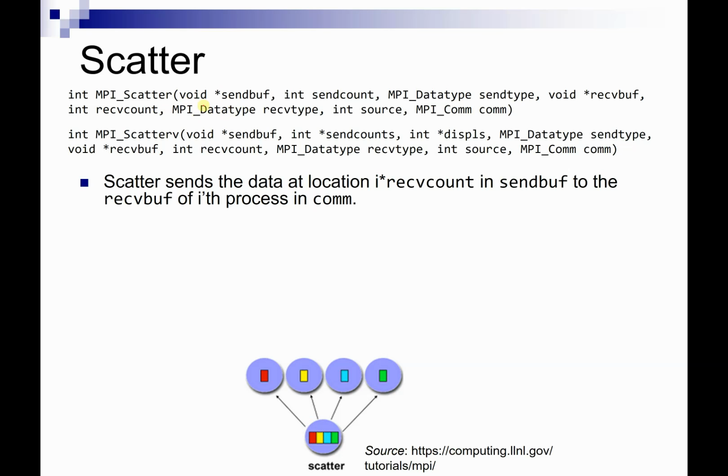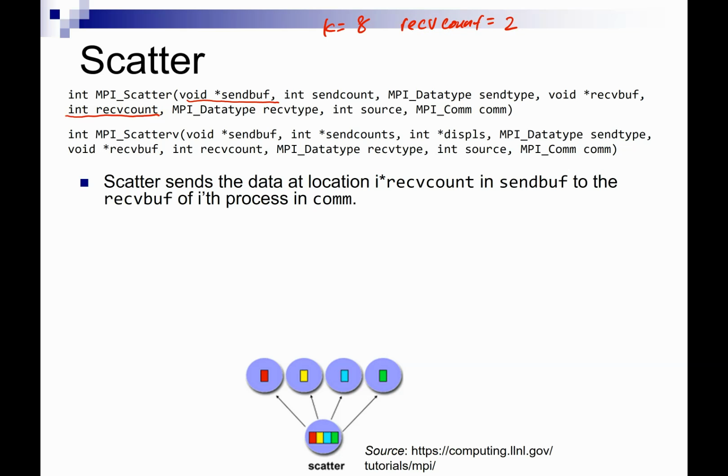I have this send buffer over here, and a receive count. Every process is going to receive receive-count number of items from me. So suppose we have k equals 8 processes, and suppose my receive count is equal to 2.